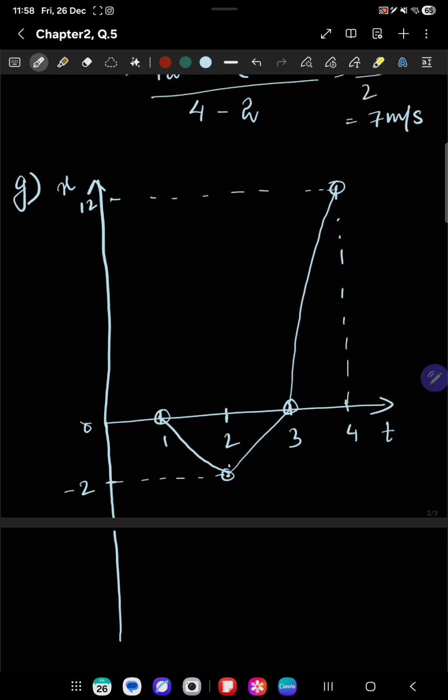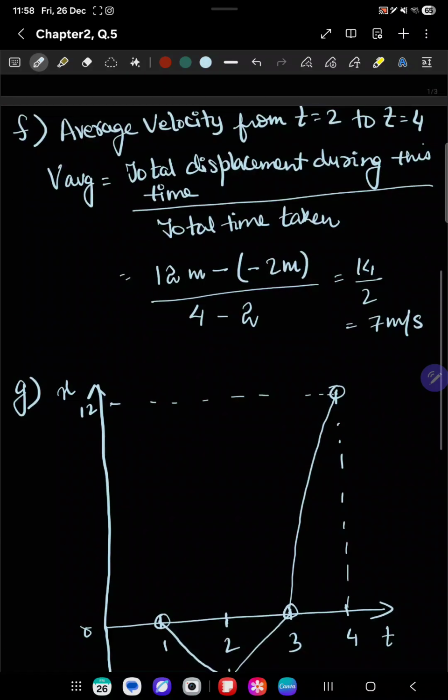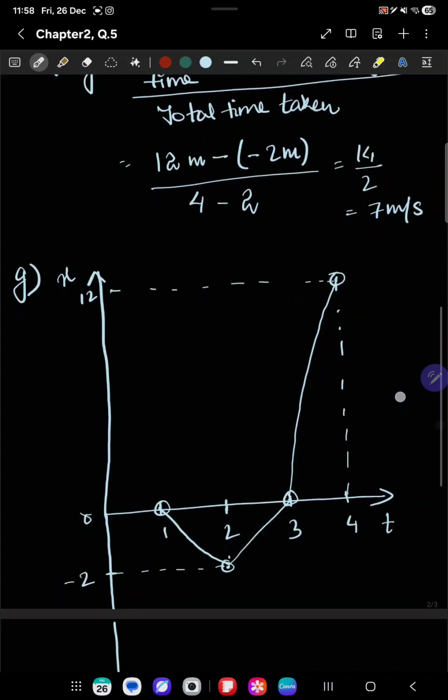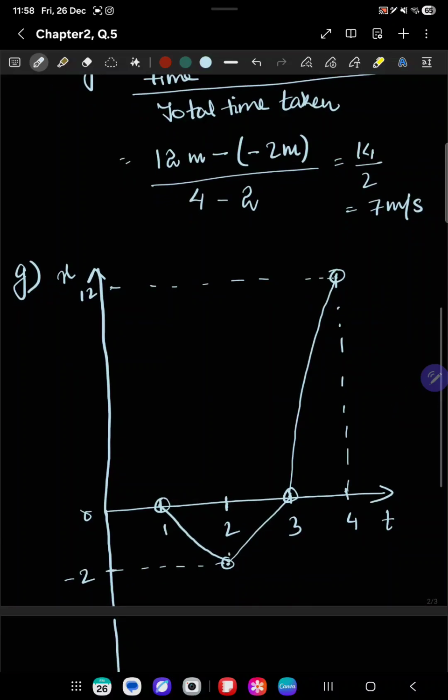Now how we can find out the average slope? If we want to find out the average slope between t equal to 2 and t equal to 4, we just need to find out the points. Like at t equal to 2 second we know that this is the point, right? This point is the final point. And at t equal to 4 second this point is the final point, right?